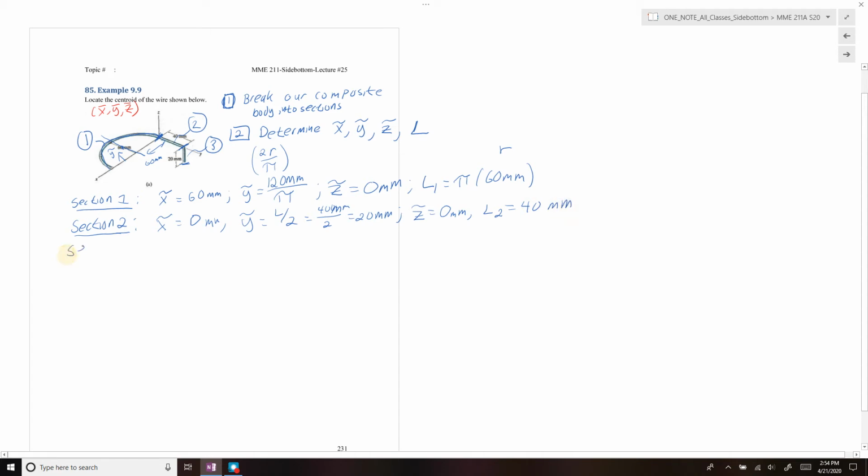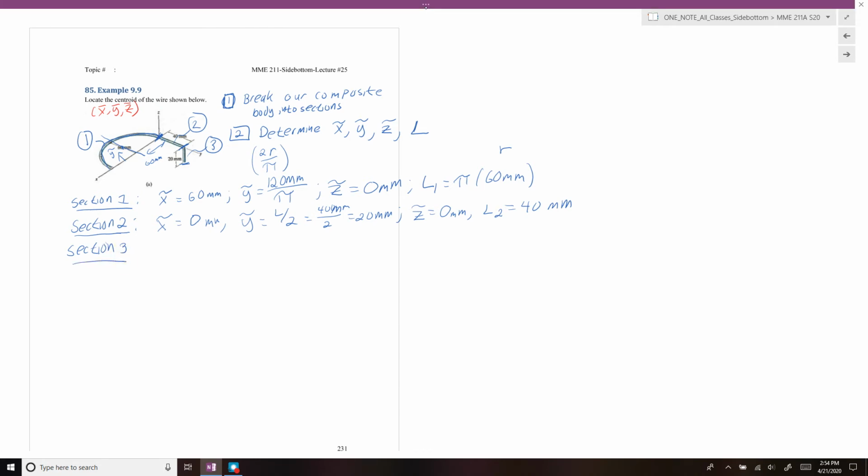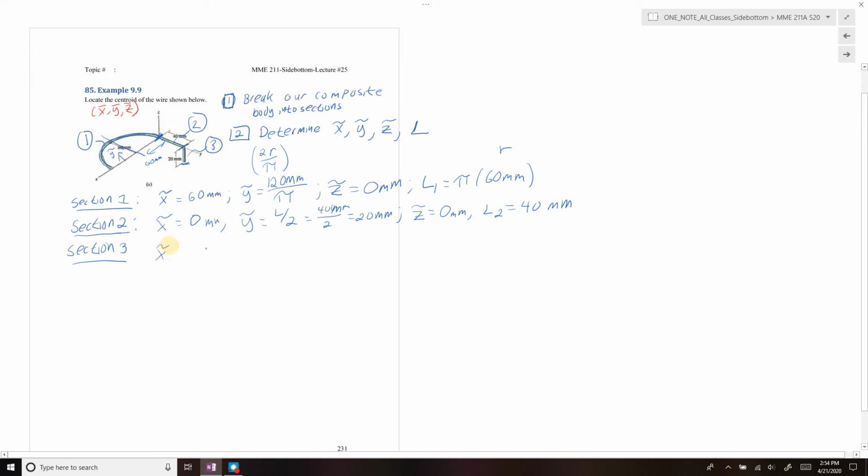Alright, and then the last one would be for section 3. So section 3, x tilde would still be 0. There's no component along the x-axis. Y tilde, since the entire section is at an offset of 40 millimeters, y tilde would also be equal to 40 millimeters.